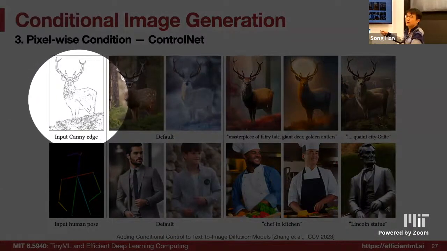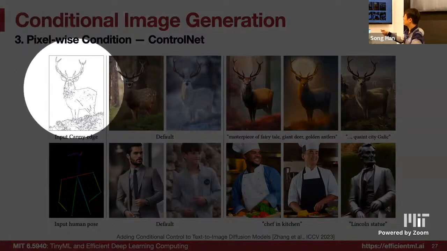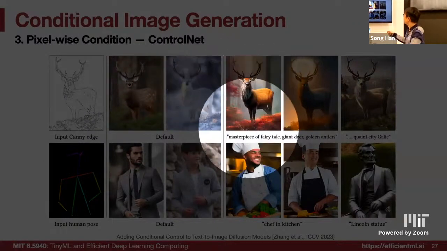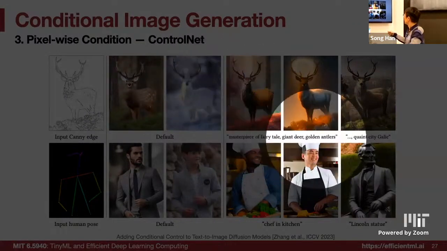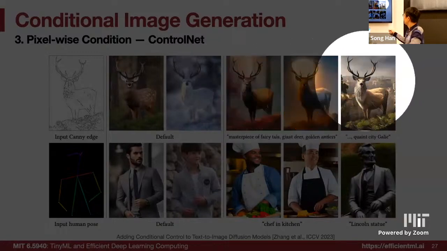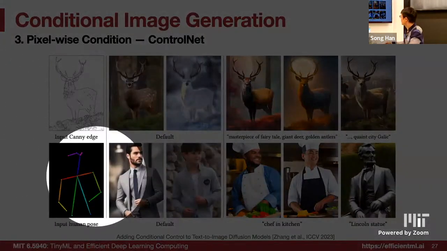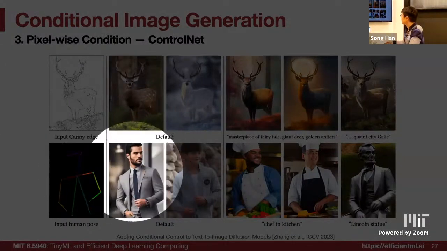This is using a tiny edge detector to find the edge. As a result, the generated image, together with a text prompt, can exactly follow the edge from here. We can also use input human pose, extracted from here.